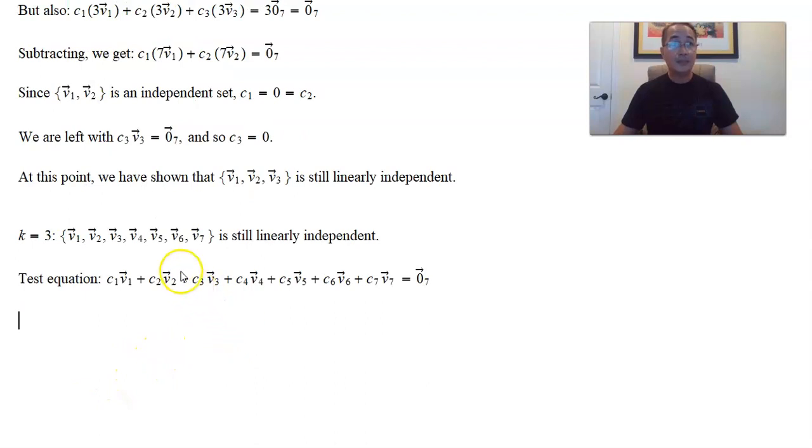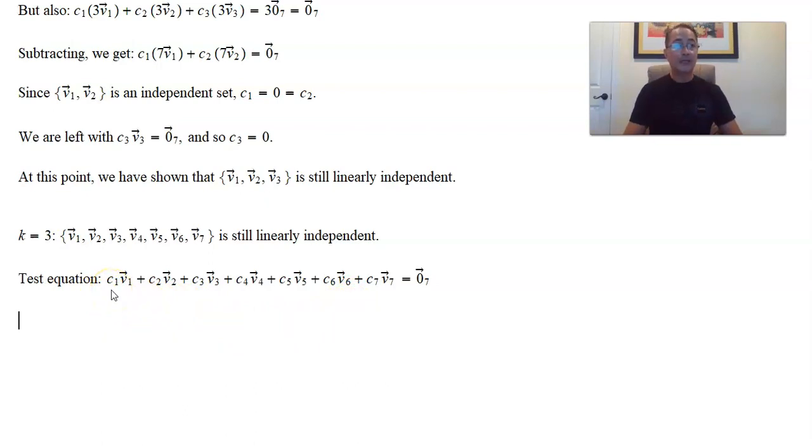Not gonna lie to you, I paused the recording because it takes some effort to write out this test equation. So we now have 7 vectors, 7 coefficients. We have to show that all 7 coefficients must be 0. But it's exactly the same idea.